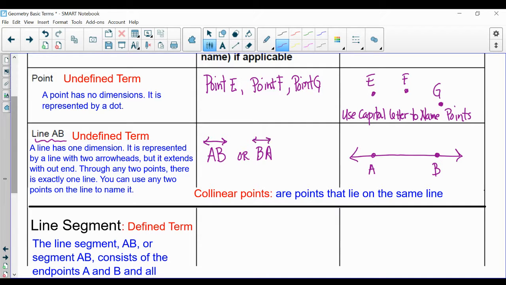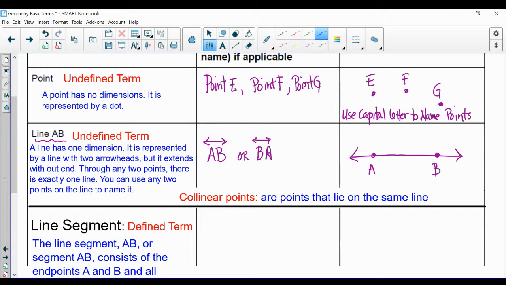Now, in my notes here, I added another vocab word that you need to know: collinear points. Collinear points are just points on the same line. If I added another point right here, let's call it C, I still only need two letters to name this line.